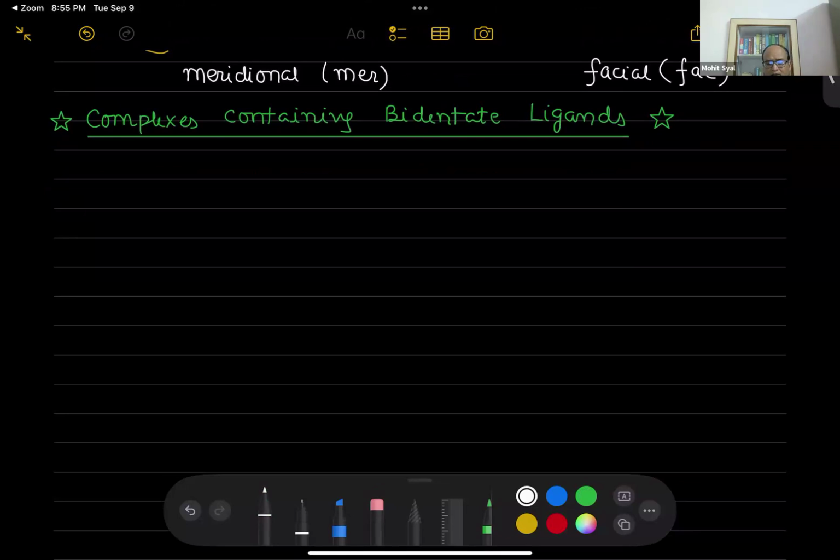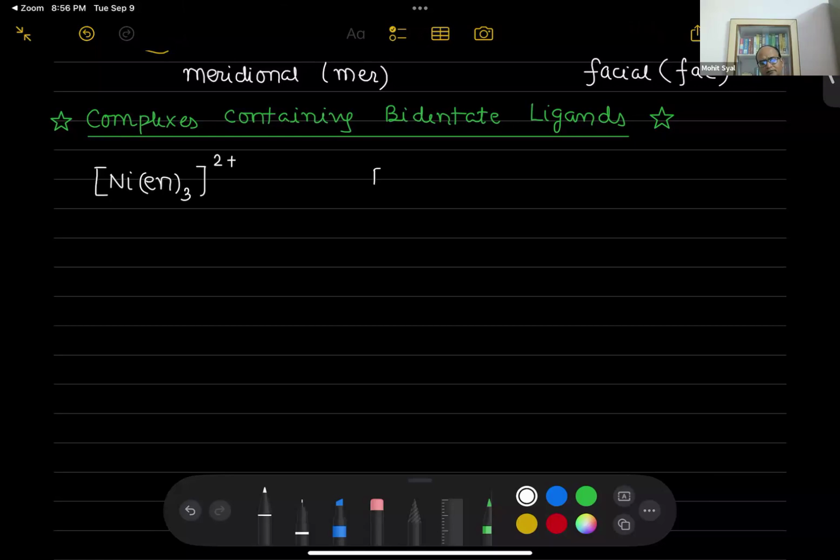It is like, what do you mean by en? Ethane 1,2-diamine. Ethane 1,2-diamine, it is a bidentate ligand, okay?